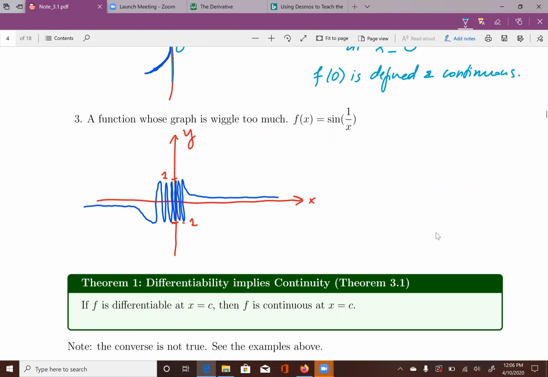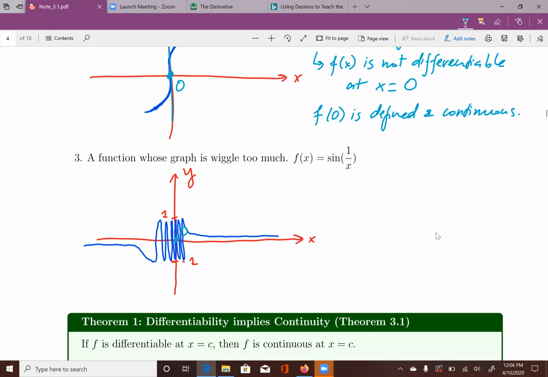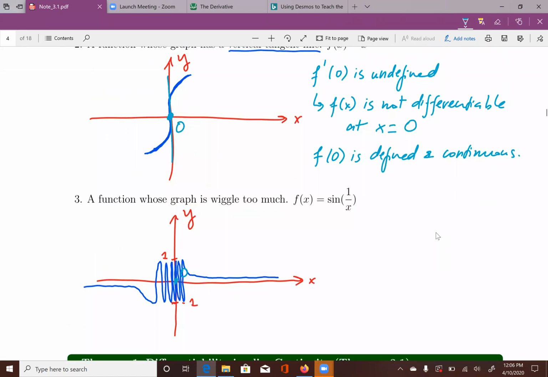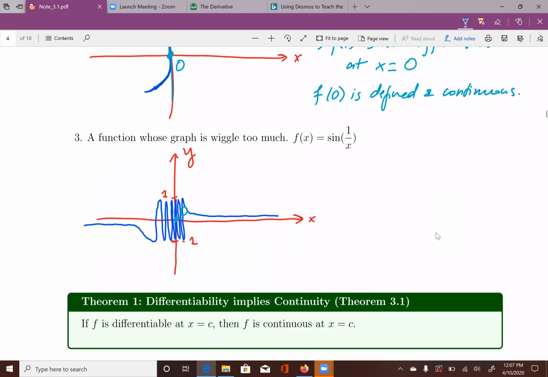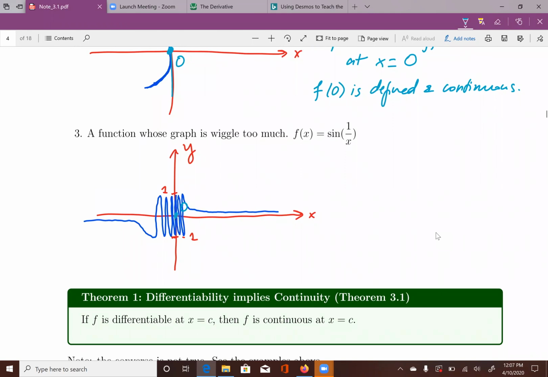All right, and the last function is one of the special functions where the graph is wiggling too much around x equals 0 again. So the function is not differentiable when x equals 0.